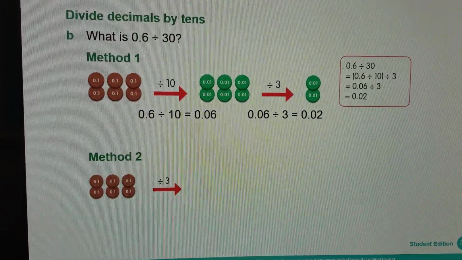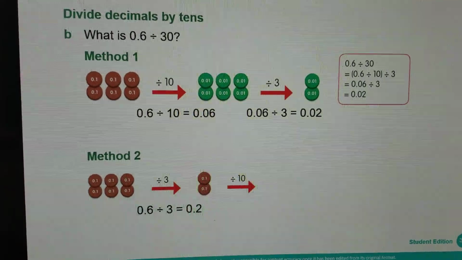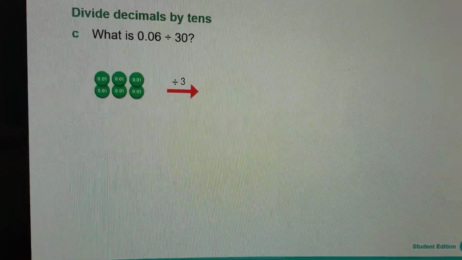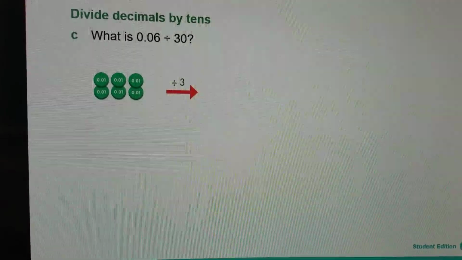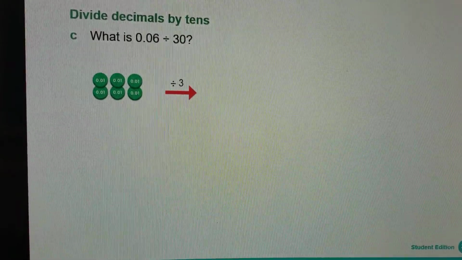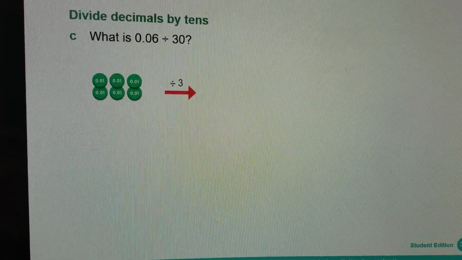Now it's going to show you the next method, which is first dividing by 3 and then dividing by 10, which works also. You may prefer that, and that's fine. Now I have 0.06 divided by 30. If it becomes 10 times smaller, it's 0.006.